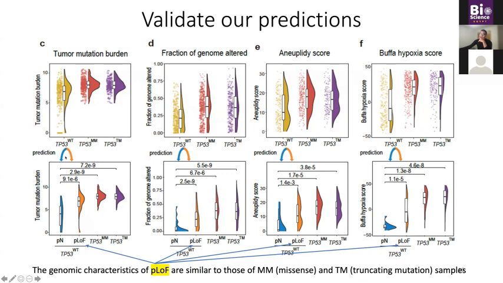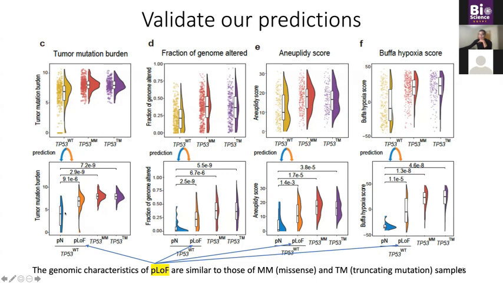However, if we use the SVM model to divide this group into two subgroups, predicted normal and predicted loss of function, you can see the cases predicted to be normal have a much lower tumor burden compared to the cases predicted to be loss of function.